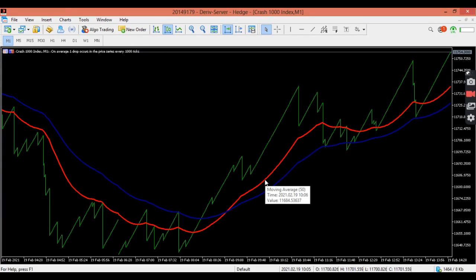The next one is our black moving average. Because my background is black, I'll make it white. In the example I'm giving you, when I say the green and the black moving average cross, here we say when the green and the white moving average cross.